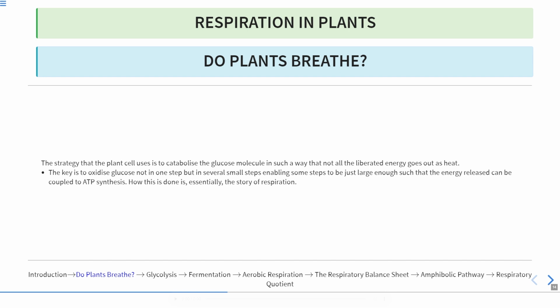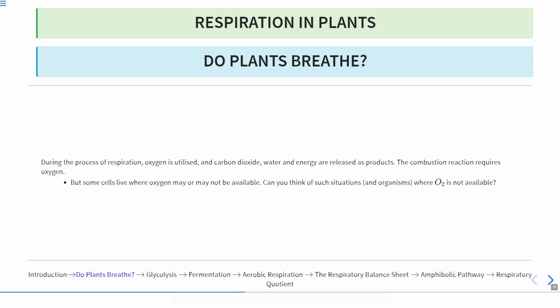So whatever energy is released at that time gets converted into ATP. How this is done is essentially the story of respiration.